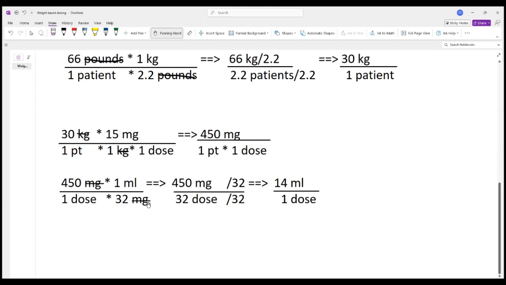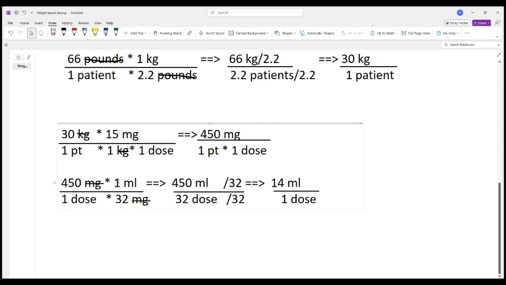Wait a minute. Do I put milligrams on top, down, bottom? This tells you put them down bottom. Why? Because it's not going to cross if I put 32 up top. So I got the same unit above and below the fraction line. All gone, doesn't exist anymore, right? So I'm going to multiply straight across.